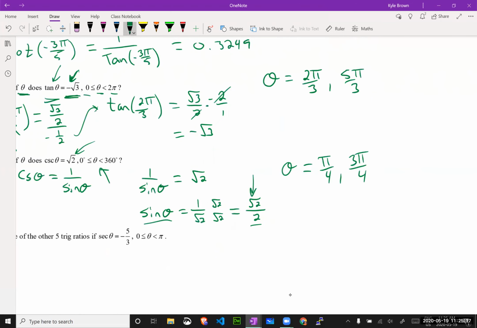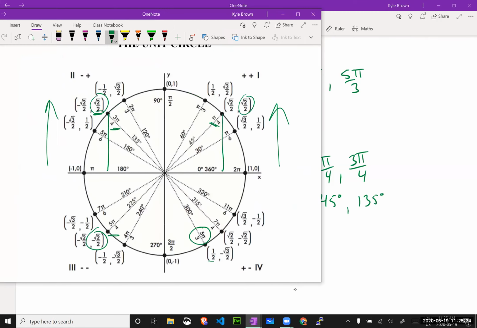So we probably should have our answers in degrees too, just based on what they give you in the question. So pi over 4, that's the same thing as 45 degrees. And then 3 pi over 4 is the same thing as 135 degrees, right? And that's written on here too, right? But like I said, you should start memorizing these. So yeah, 135 would be right there, okay?